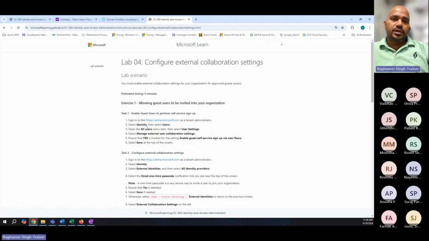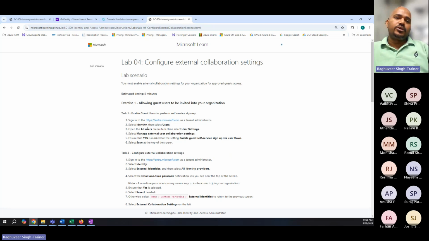They are the ones who are responsible to decide the behavior of these settings, whether you want to give them most inclusive access, or most restrictive access, or you want to be flexible and fall somewhere in between. That's your decision. So that's about lab 4.